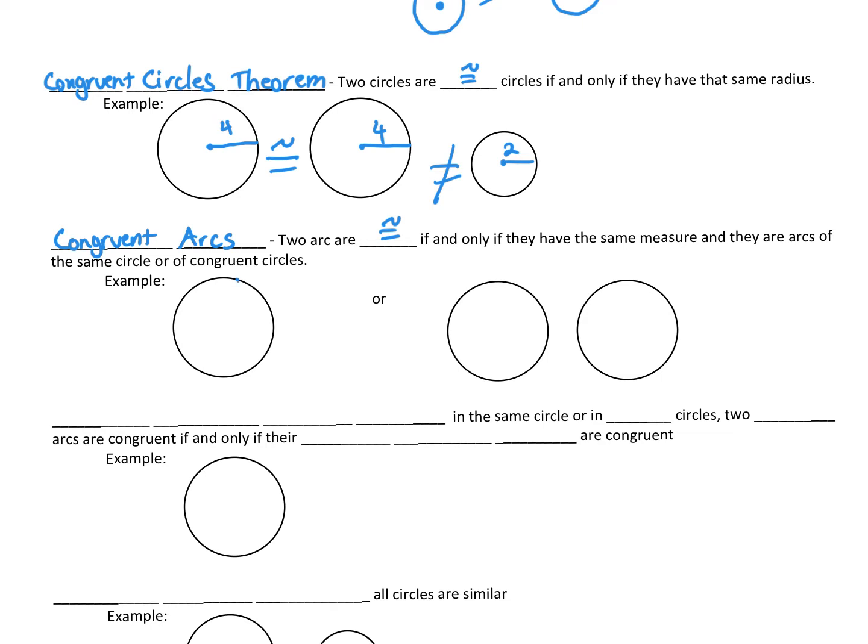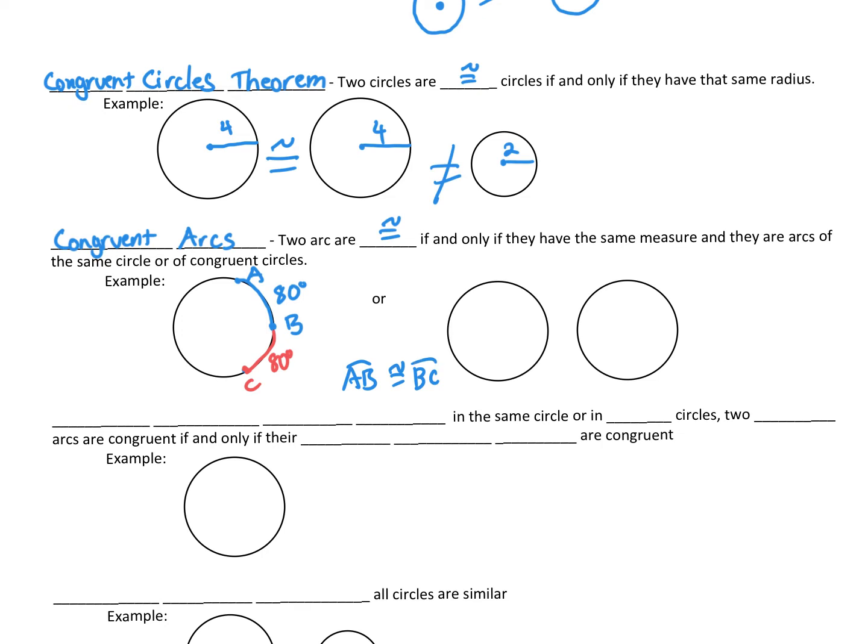So if I had an arc here, we'll call this AB, and this measure was, let's say, 80 degrees. And also from B to C, this was also 80 degrees. Well, then arc AB is congruent to arc BC.